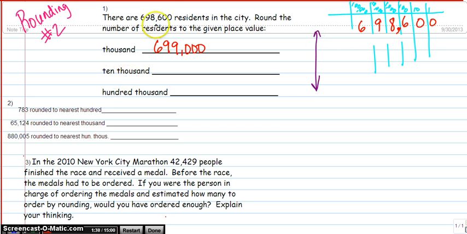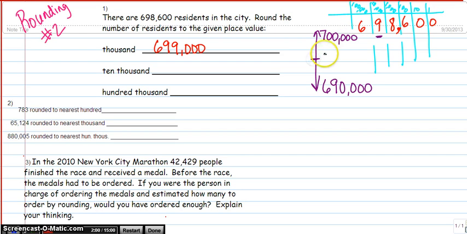This time it says round to the 10,000s place. I have 9 10,000s. So I have 600,000, 9 10,000s, and that's the last place I'm rounding. So then I fill in the rest with zeros. What's 10,000 more than 690,000? It would be 700,000.